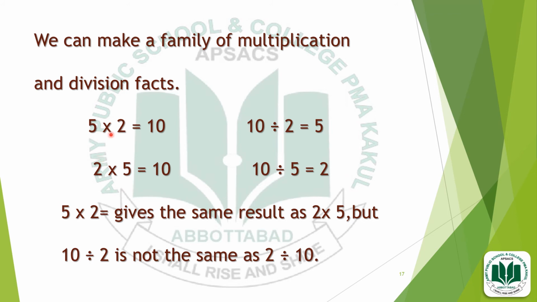So we can make a family of multiplication and division facts, that is 5 multiplied by 2 is equal to 10, 2 multiplied by 5 is equal to 10, and if we divide 10 by 2 we will get 5, and if we divide 10 by 5, the answer is 2. 5 multiplied by 2 is equal to 10 gives the same result as 2 multiplied by 5, but 10 divided by 2 is not the same as 2 divided by 10. They are not the same.